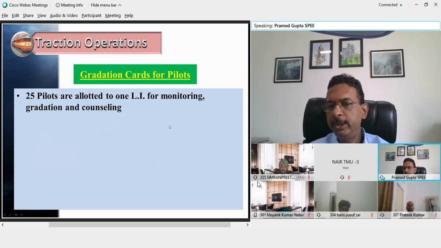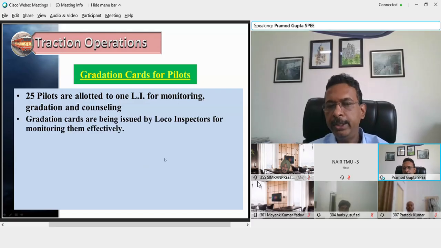The loco inspector is supposed to monitor the performance of 25 loco pilots and 25 assistant loco pilots. He monitors their record, their technical knowledge, and their driving skill. He also counsels them as and when there is a need, and he also issues the gradation card to the loco pilots.